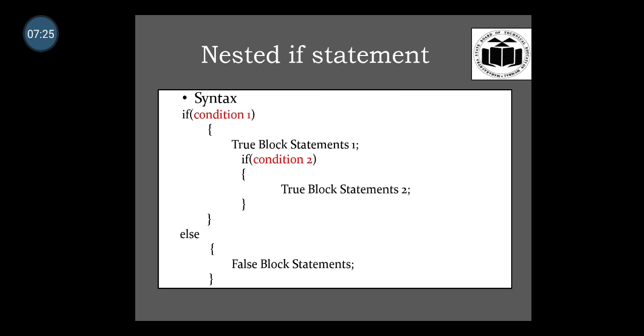If condition 1 is true, then condition 2 is checked and true block statement 2 gets executed if condition 2 is true. Otherwise only true block statement 1 will get executed. If condition 1 is false, then control directly goes to the false block statement.